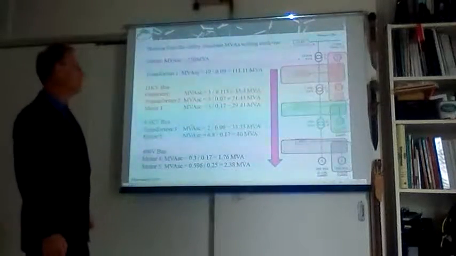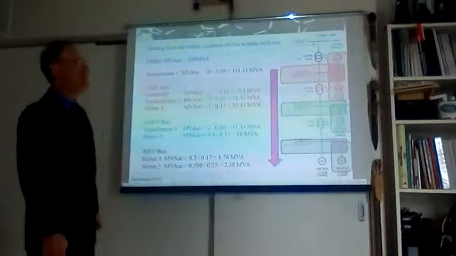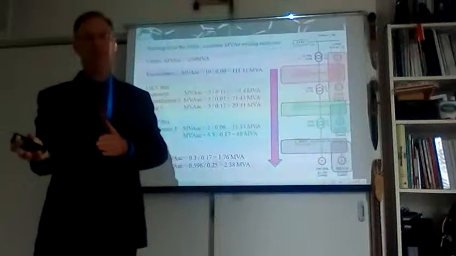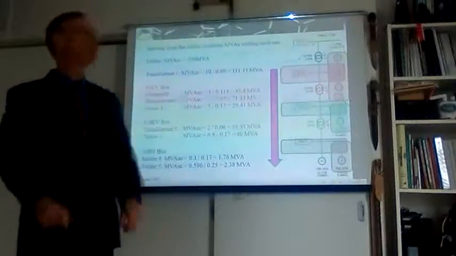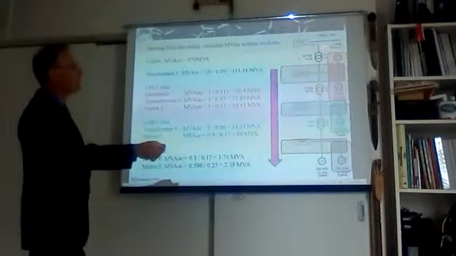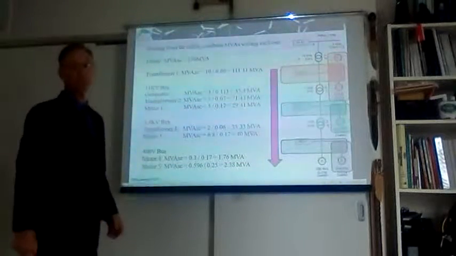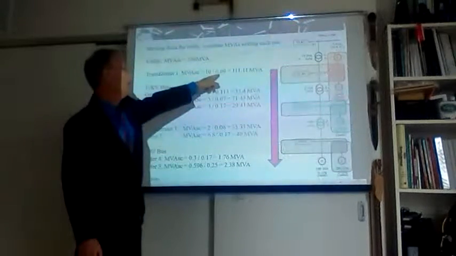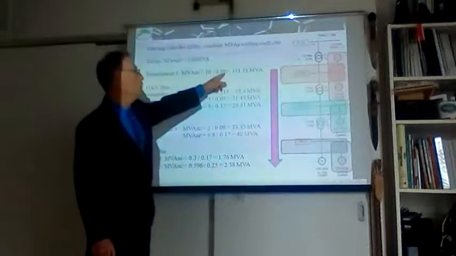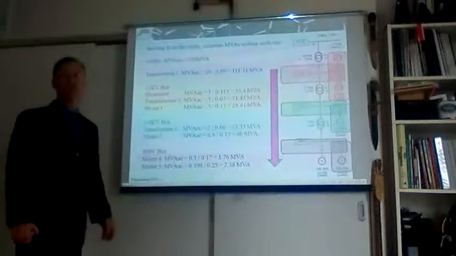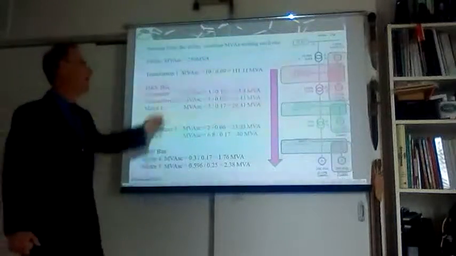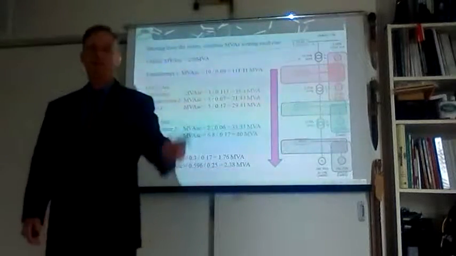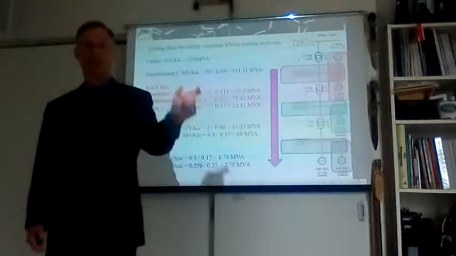So we take each and every component and we calculate its effect based on the size and internal impedance during a short circuit. For the main transformer right there, it will be 10 MVA divided by 0.09, so during a short circuit, the transformer will behave like 111 MVA for a very short time.